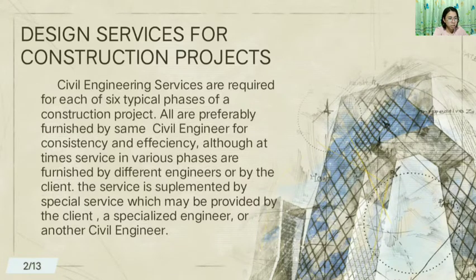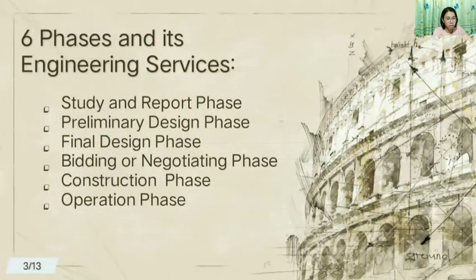The service is supplemented by special service which may be provided by the client, a specialized engineer, or another civil engineer. So in a construction project, it is a must to have only one civil engineer in charge. If they fail to do so, they have to compromise and provide special services.